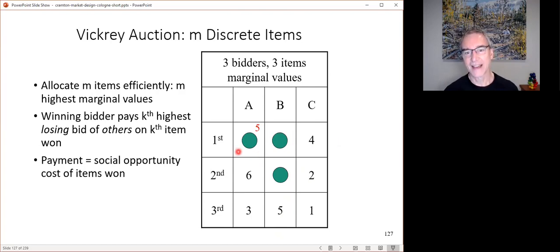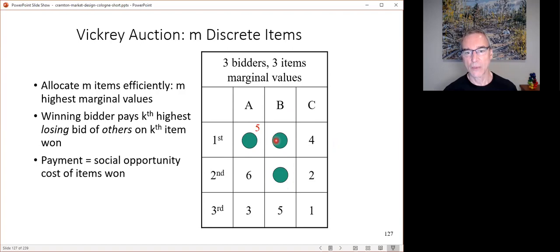Now we need to figure out how much B pays. And B is a little bit more difficult because he's got 2 items awarded to him, but we do the exact same thing. We figure out what the opportunity cost is of B's winning.